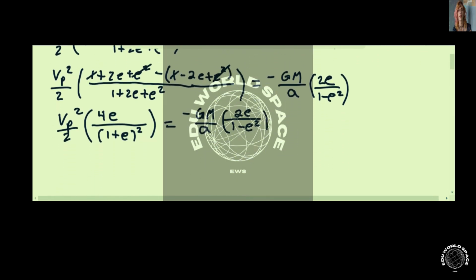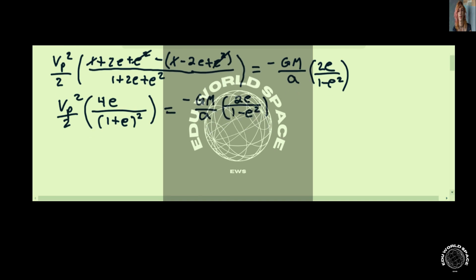Okay, so 2e is what we have. Great. So I've got a 2e on the right side. On the left side, I have 4e in the numerator, 2 in the denominator. So that also becomes 2e. And then given that, I have 2e on the left and 2e on the right. All of that business cancels.